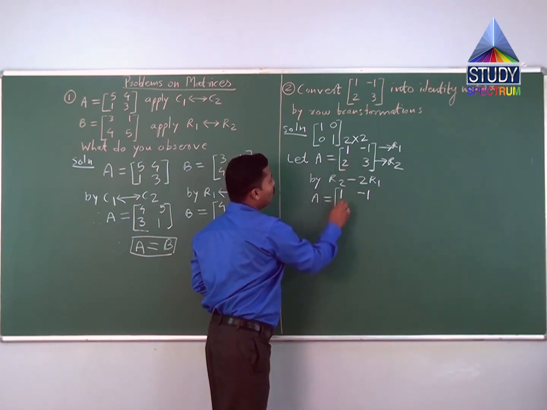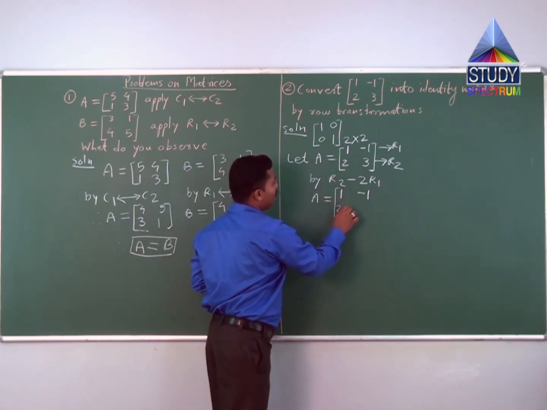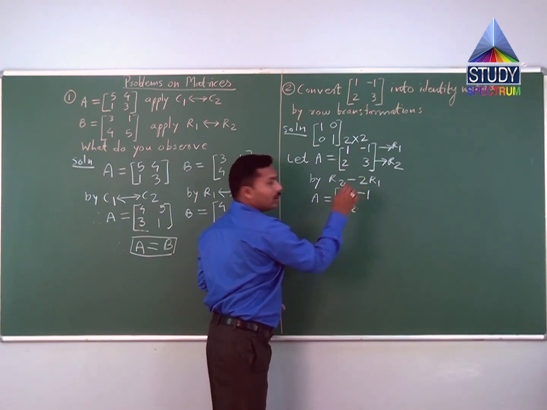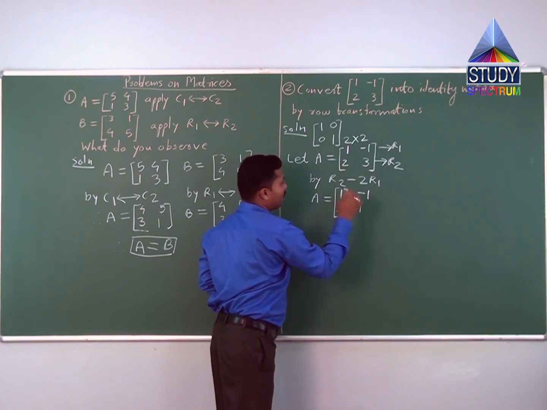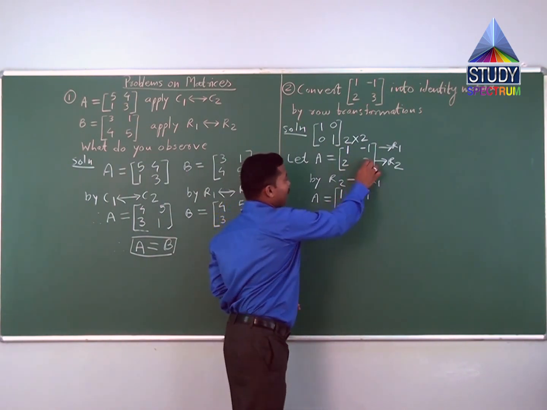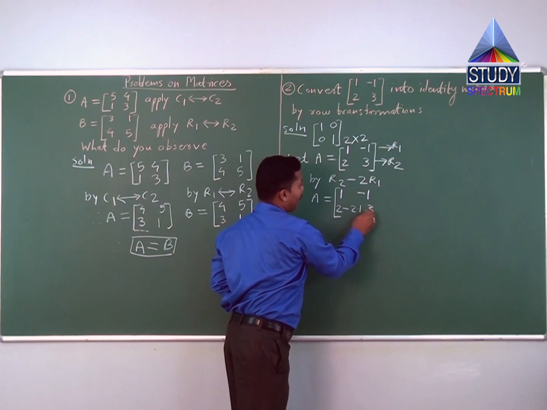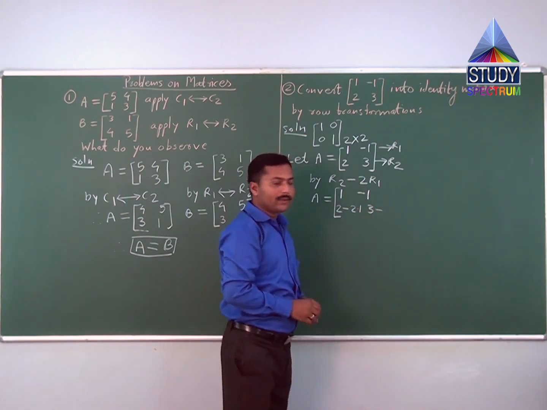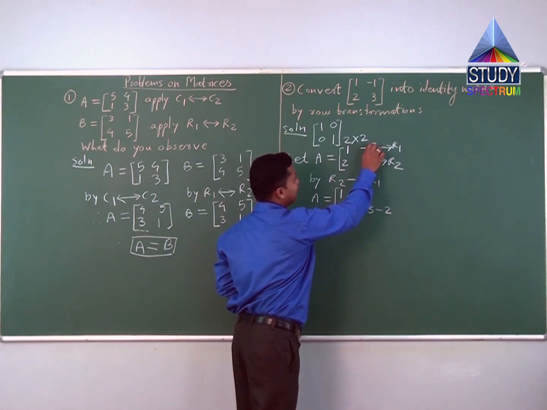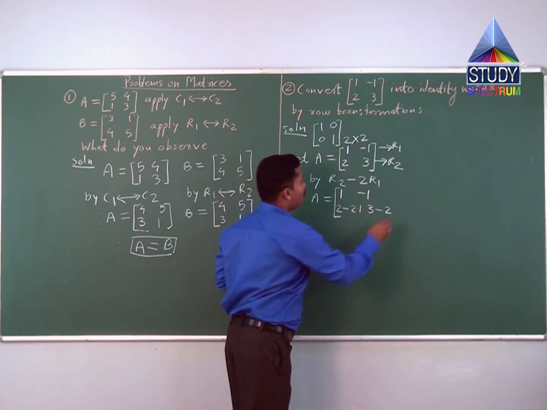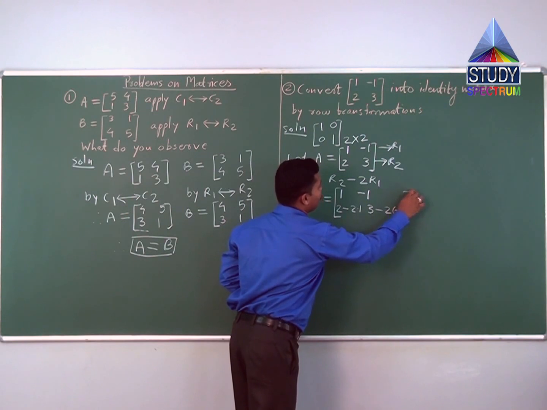So 2, this R2, minus 2 into R1, this number 1. Similarly, in this place R2 is 3 minus 2 times the second number of the first row, minus 1.